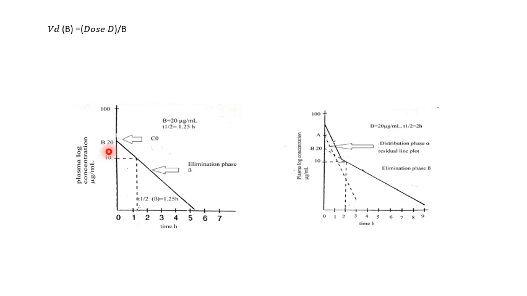We usually use the term apparent volume of distribution, and because we use it as apparent volume of distribution, we can calculate the amount of drug needed to achieve a desired plasma concentration. For that it is very common to divide the apparent volume of distribution by the weight of the human, so that the final units for the volume of distribution will be liter per kg.